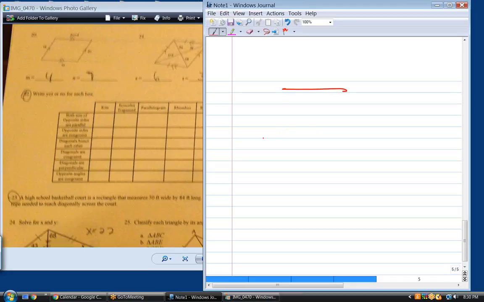An isosceles trapezoid means these two sides are congruent, but these aren't. Top and bottom are parallel, but they're not congruent. So we get a no for trapezoid. You see why? Yes. That's congruent to that, but that is not congruent to that. So opposite sides are not congruent if I have two of them that aren't.